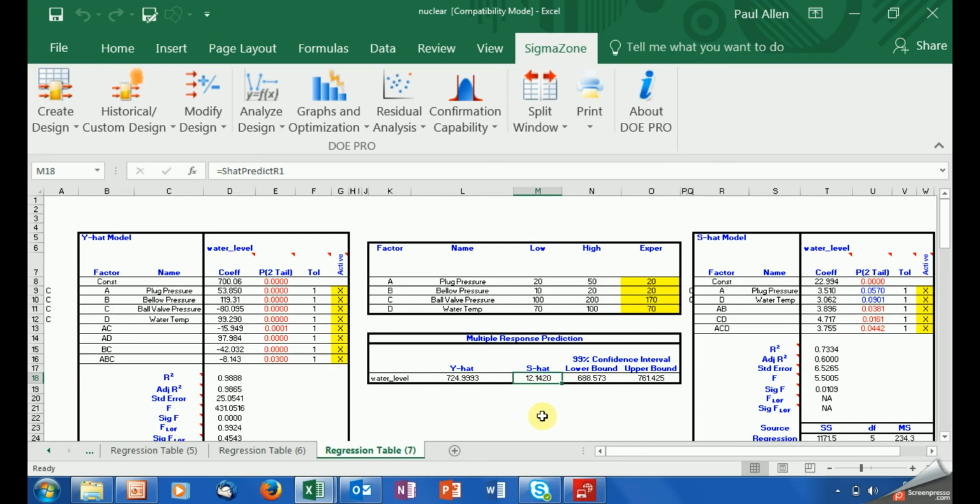Now a key point, of course, with design of experiments is we now have to go back to the process. We are going to dial in these values, 20, 20, 170 and 70. We're going to run the process. We're going to take a new sample, and we're going to prove with a confirmation run that this knowledge is true. The p-values are an indication that they might be true.